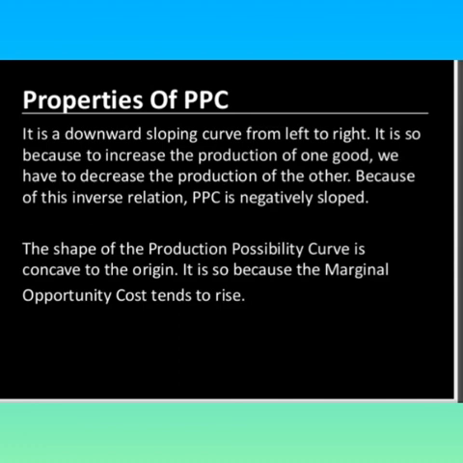Thus, there is always a cost of having a little more of one good in terms of the amount of the other good that has to be foregone. And this is known as the opportunity cost curve. So, this is the transformation curve as well as the opportunity cost curve.